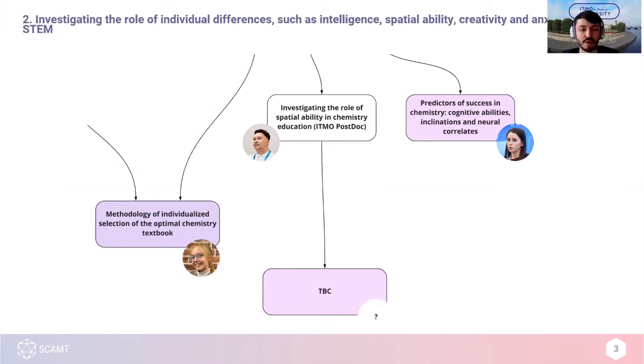And it's very important for a chemist because there are different isomers of various kinds, and a chemist needs to know how to operate with objects of different chirality, different complexity. So in those areas, we employ electroencephalography, for example, to measure experimentally the cognitive abilities of future chemists. And these are the two research areas.